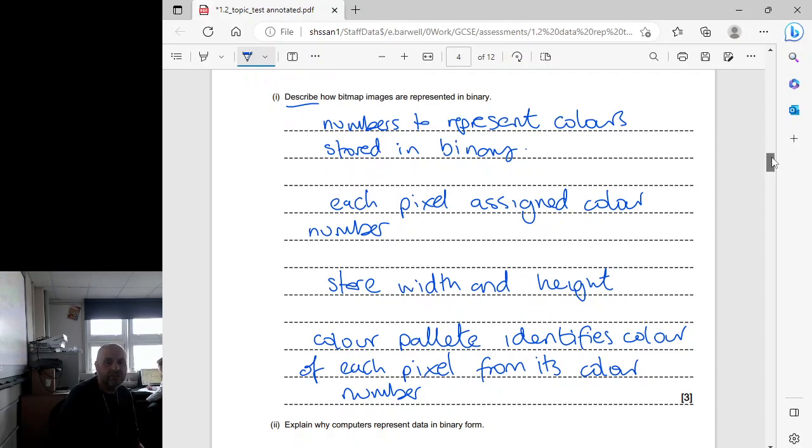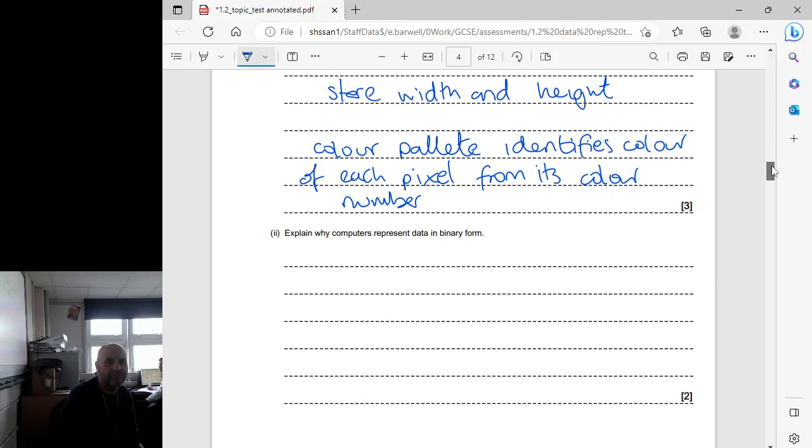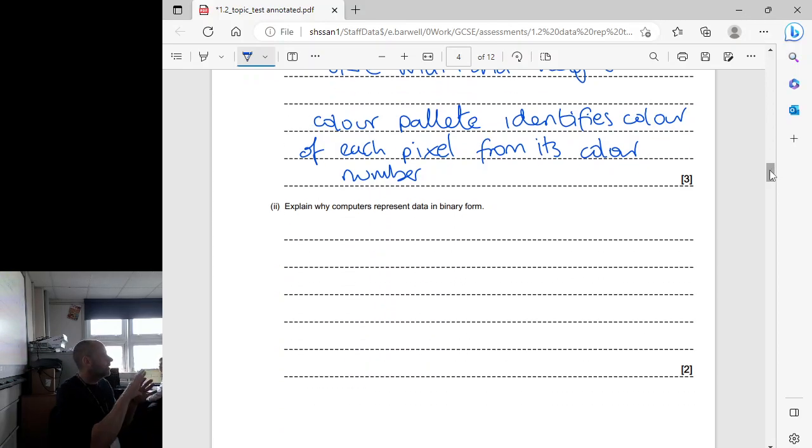Right, the next question. Explain why computers represent data in binary form. Some people sort of went round the answer and said some things but didn't really do it. Right, so computers use switches called transistors.